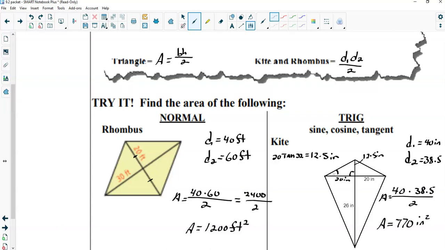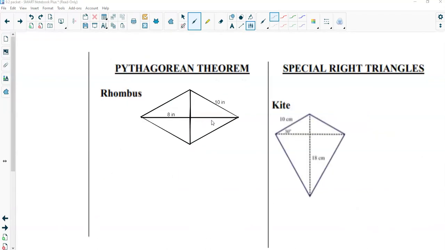Let's see. Okay, so here's another example. Here's a rhombus, so we know that this is 10 inches as well. This is a right triangle, and what I'm looking for is this third side. So this is a leg, so I'm going to say the leg is equal to the square root of 10 squared, the hypotenuse squared, minus 8 squared.